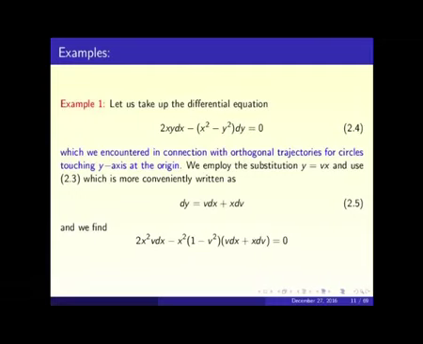So we simply substitute y equal to vx, this becomes 2x squared v dx, x squared minus y squared becomes x squared into (1 minus v squared), and then the dy is v dx plus x dv. The x squared cancels out and then we are left with 2v dx minus (1 minus v squared) v dx minus (1 minus v squared) x dv.